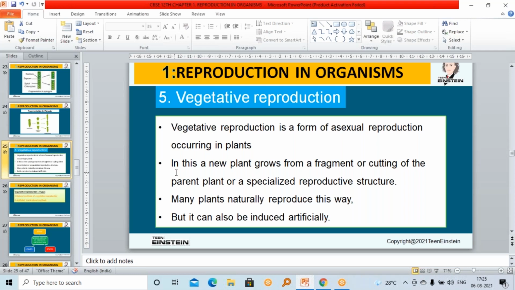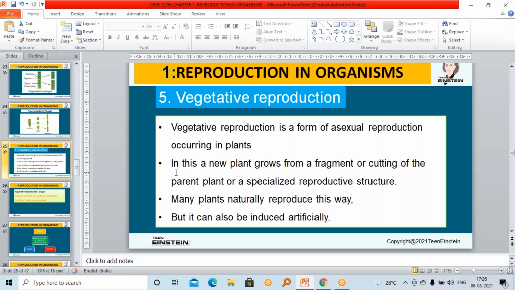And in this, how is a new plant formed? In this, it is growing from a cutting or a fragment, a portion of the parental body, or from a specialized reproductive structure.